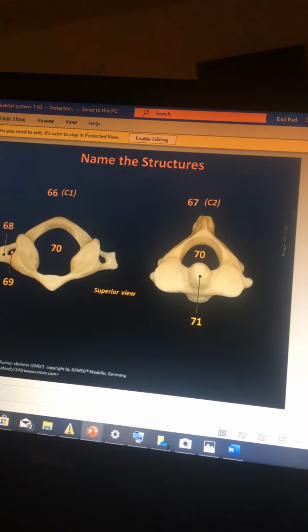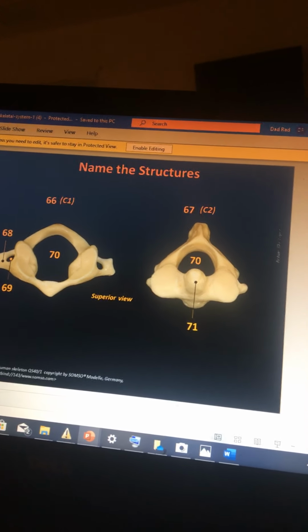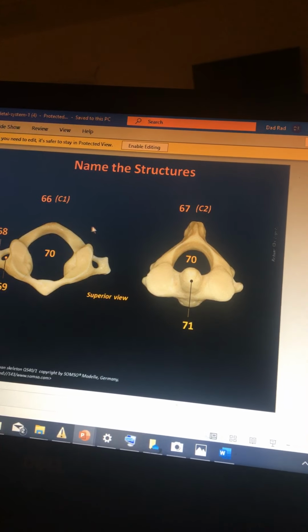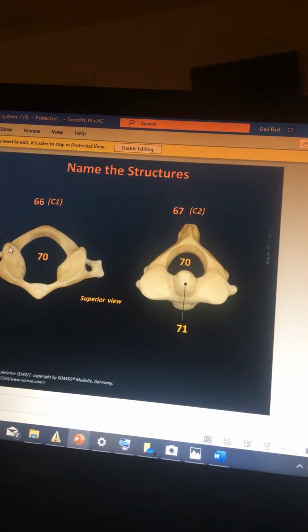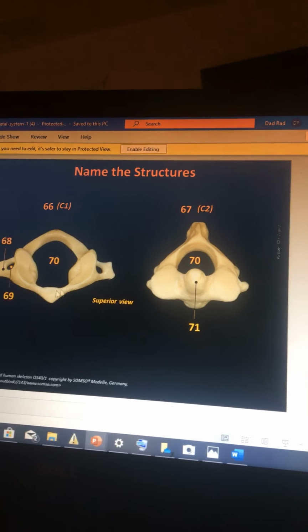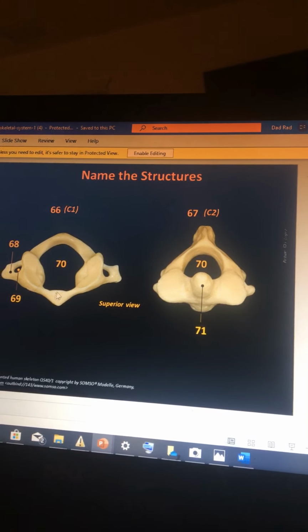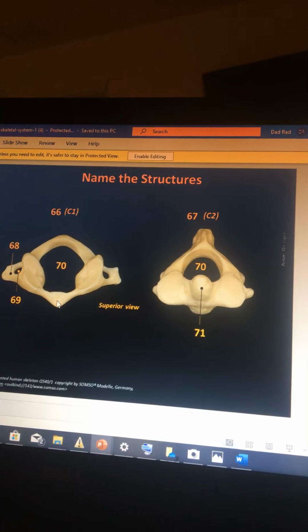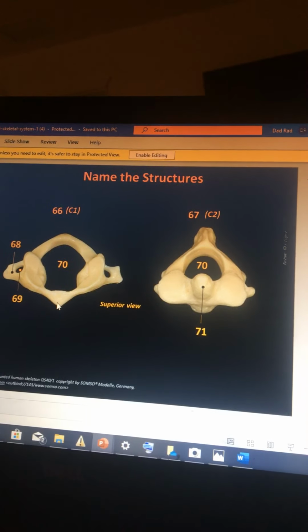Okay, now we can go over here to the atlas and the axis. The atlas and the axis are right here, these two. So we're gonna do the atlas first. This part right here of the atlas is the anterior tubercle, the anterior tubercle.